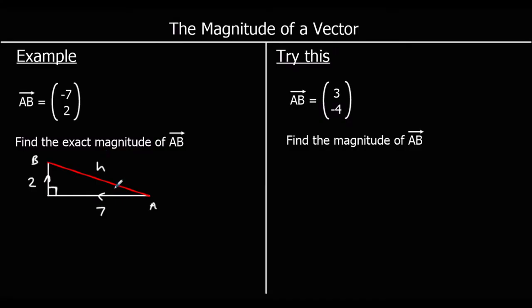Pythagoras' theorem says a squared plus b squared equals c squared, or equals the hypotenuse squared. a and b are the two shorter sides, the 2 and the 7. So we've got 2 squared plus 7 squared equals h squared. We can use a calculator here.